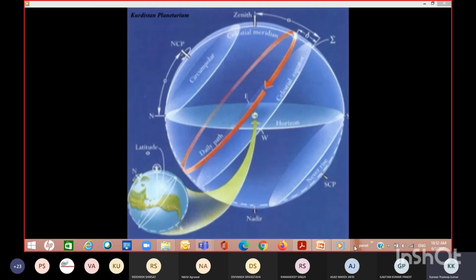On top, you can see between the celestial equator and the red line, there is delta D for declination. Declination is north or south? Sir, north. Declination. Very good.